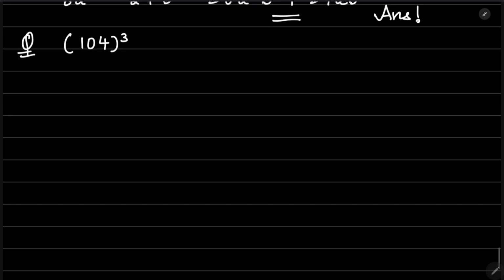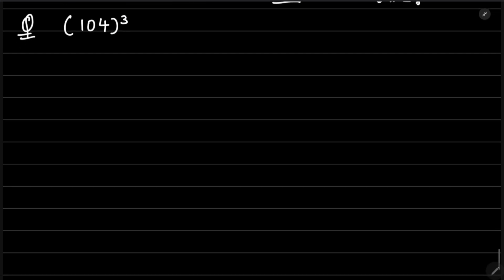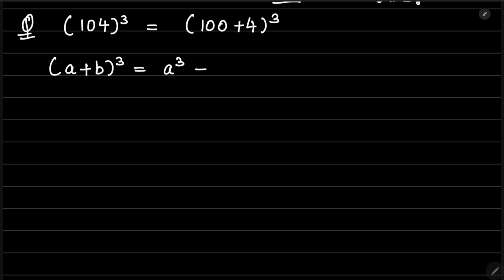Let us move to the next question. Solve 104 the whole cube without doing any multiplication. How will you do it? You can write this as 100 plus 4 the whole cube. Write the identity again: a plus b the whole cube equals a cube plus b cube plus 3ab into a plus b.